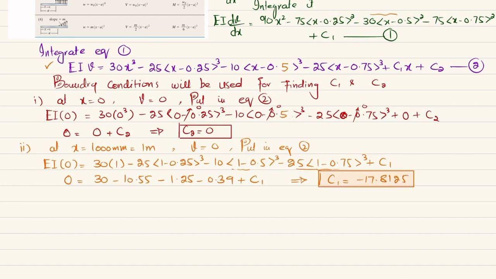Now you have C1 and C2. Put the value of C1 and C2 in equation number 2.